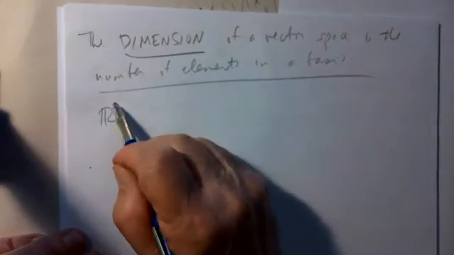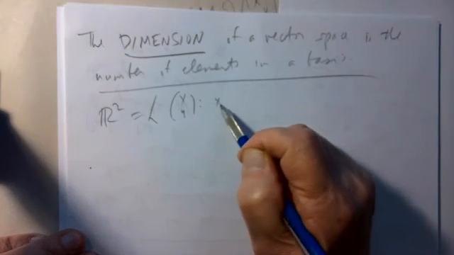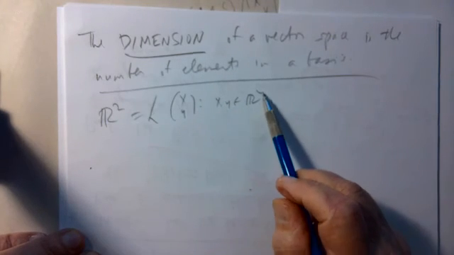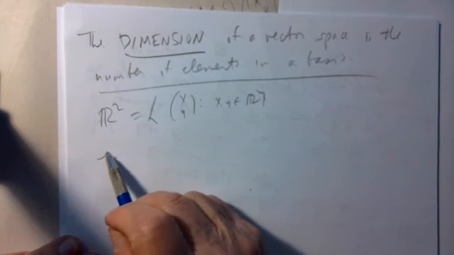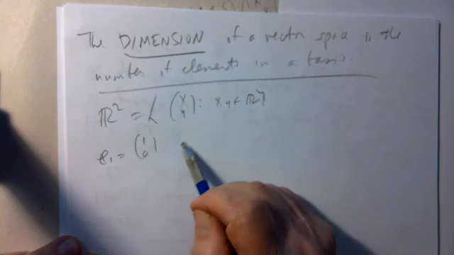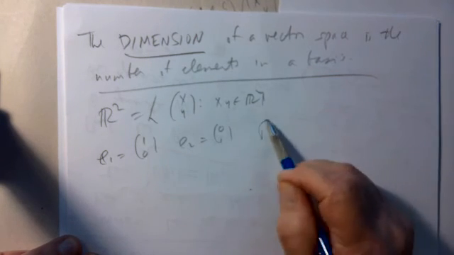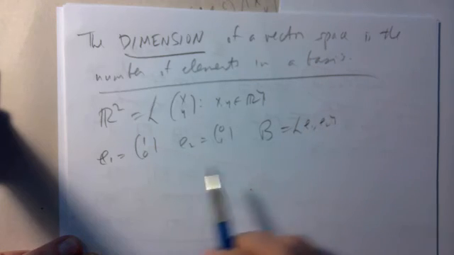Suppose we take R2, which is all the vectors x, y. And I've been saying this is 2-dimensional. And here's a proof. So take the vector e1 to be (1, 0), and e2 to be (0, 1). So my set B consists of these 2 different vectors.